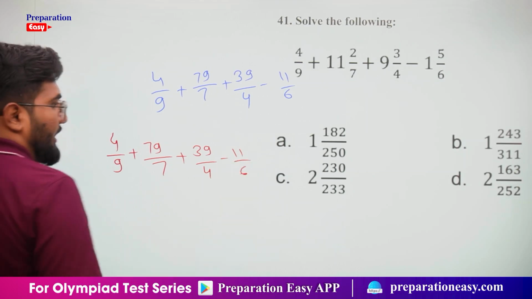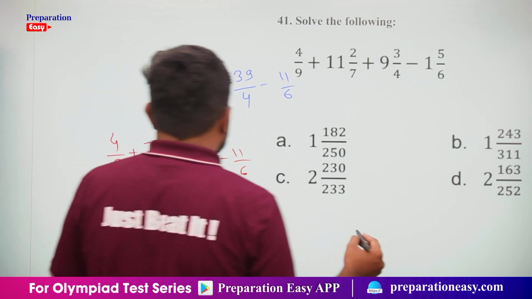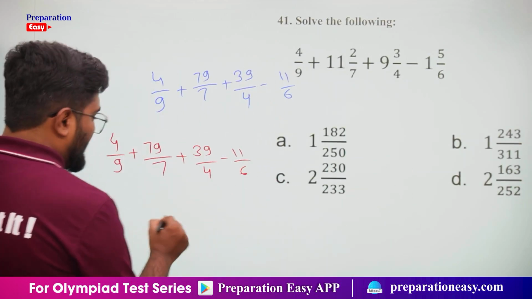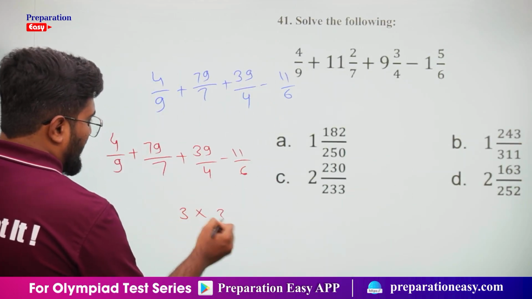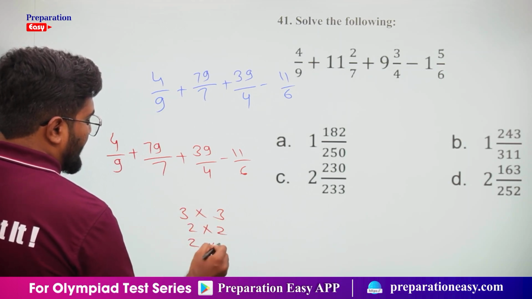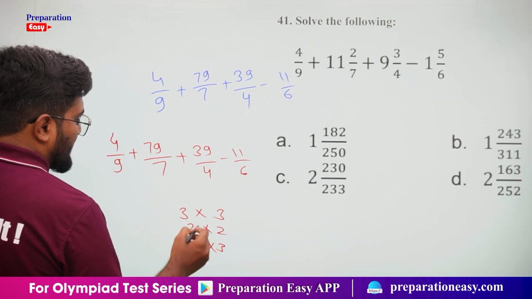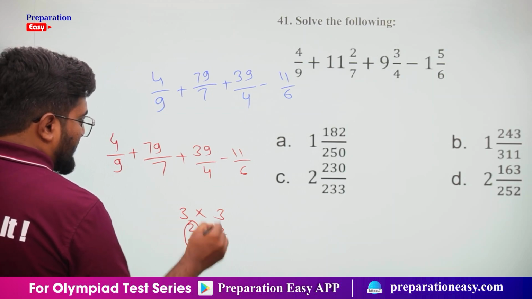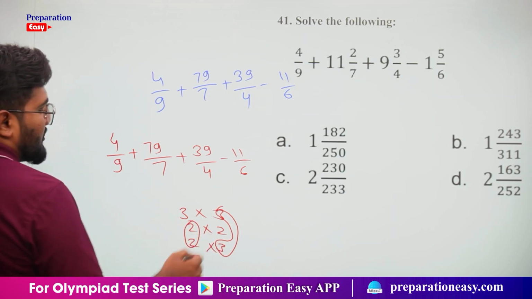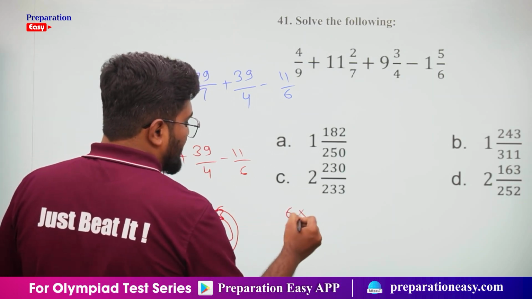So we take the LCM of 9, 7, 4 and 6. 9 can be written as 3 into 3, 4 as 2 into 2, 6 as 2 into 3, and 7 as it is. So here is a pair, another pair is of 3. So 3, 2 and 7.